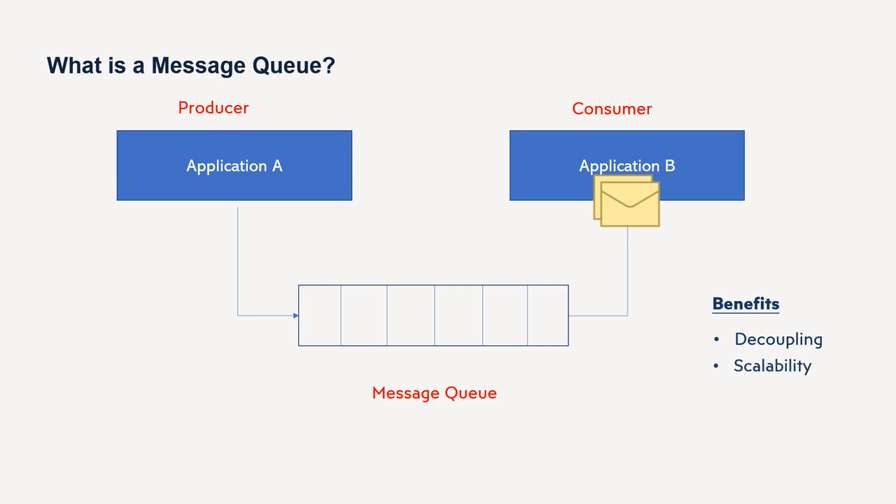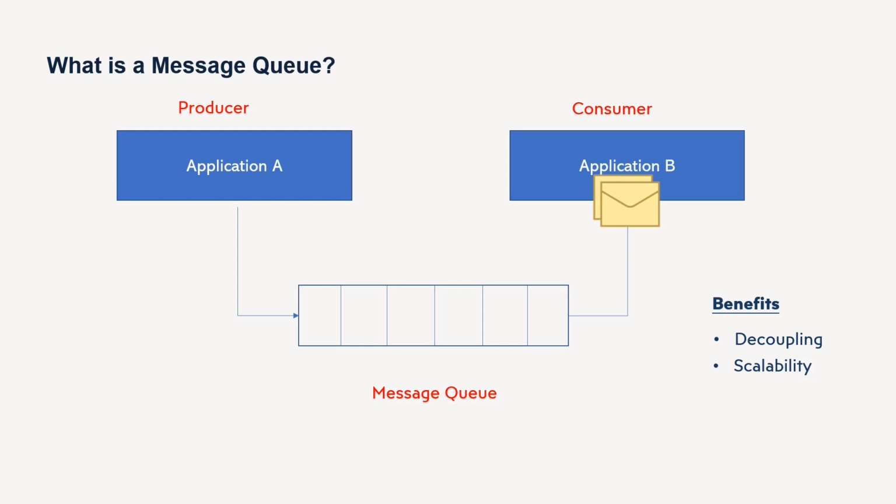Second is scalability. Suppose you want to process more and more requests. At that time you can increase the depth of your queue, and maybe you want to add more applications. You can also add application C in this setup, and it can use the same queue.